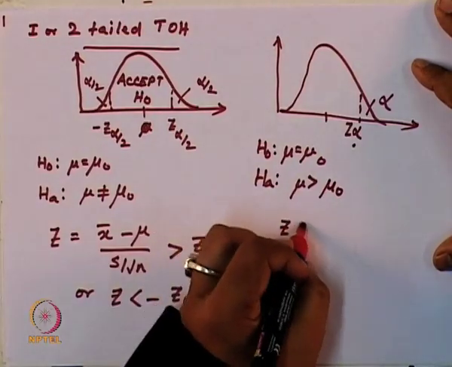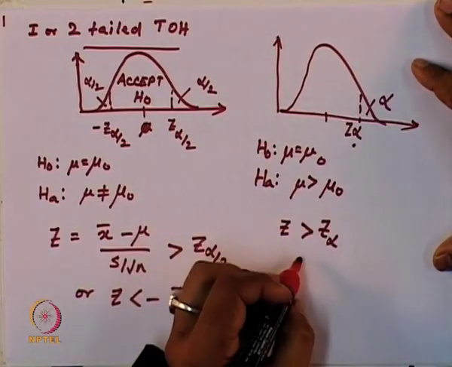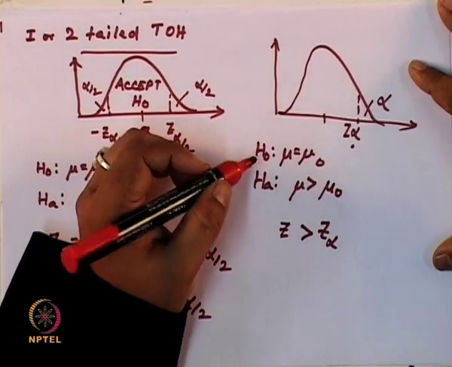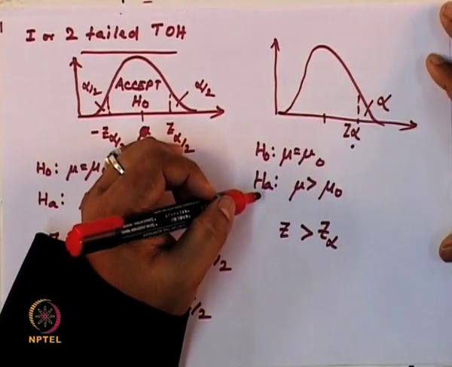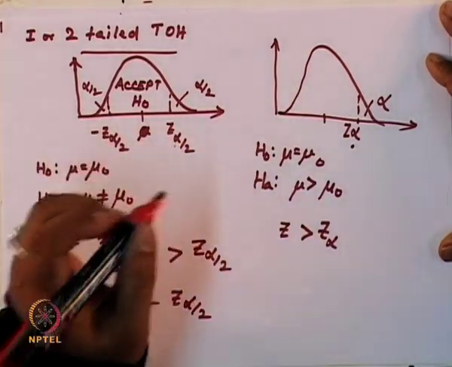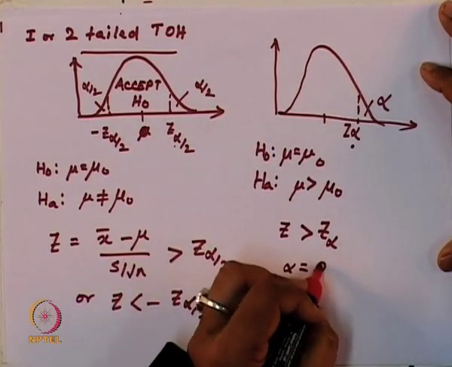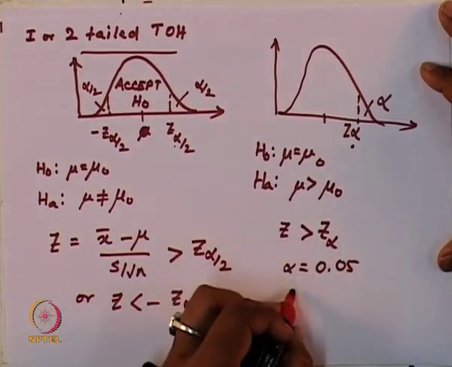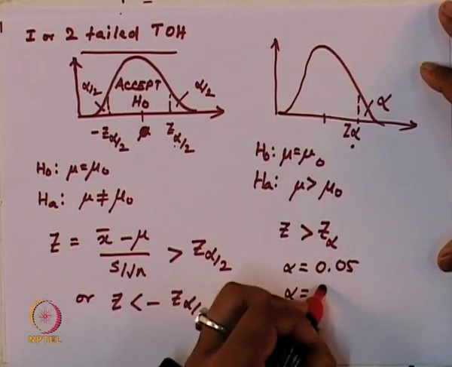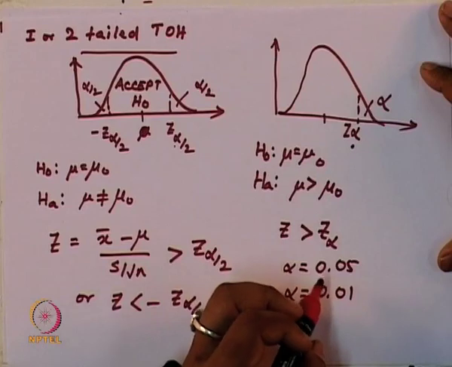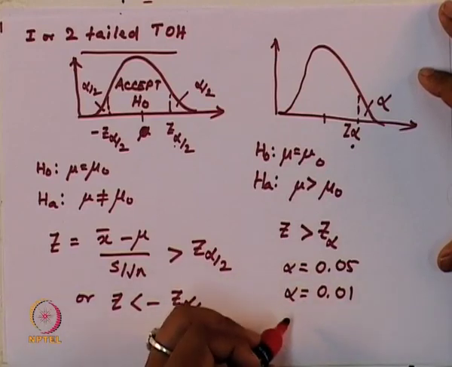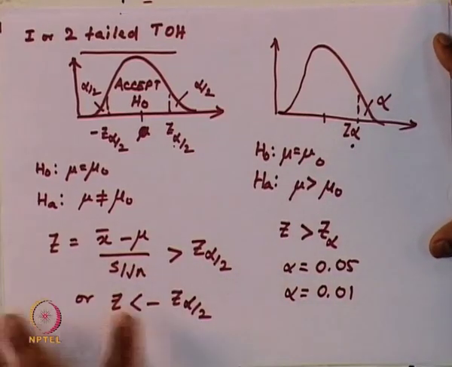If your test statistic is greater than z alpha, then you will reject your hypothesis and you can accept your alternate hypothesis. Now, alpha corresponds to the confidence level. For 95% confidence level, you have alpha equal to 0.05, for 99% confidence level, you choose alpha equal to 0.01, and so on and so forth.